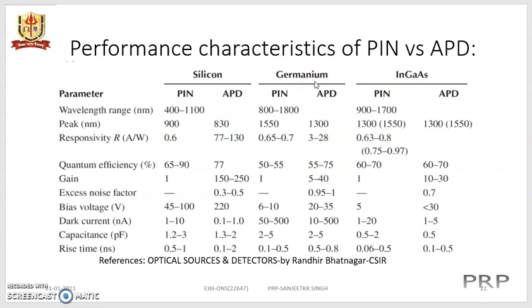Similarly, if we consider the germanium material, here again we have a larger value of responsivity but lesser than that of the silicon type. Secondly, the quantum efficiency: we can see the APD produces more light output on average.